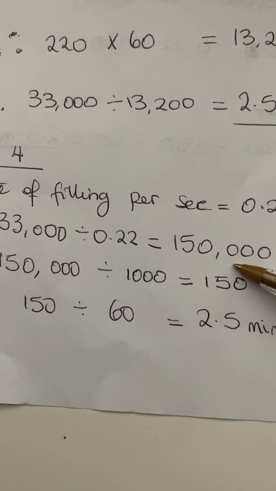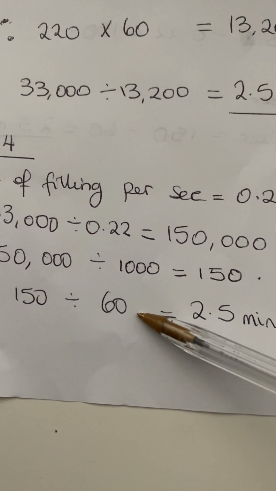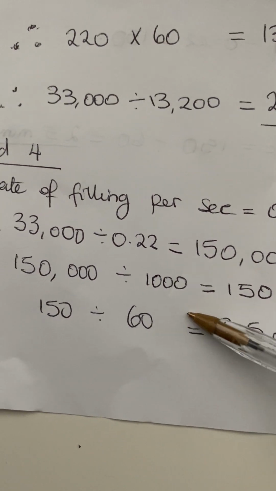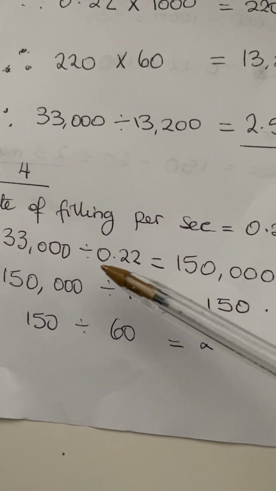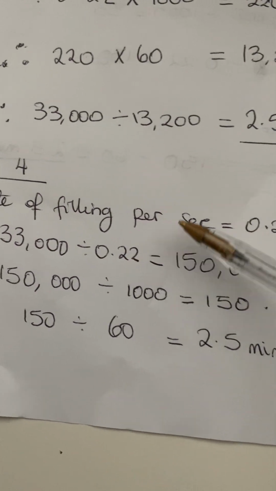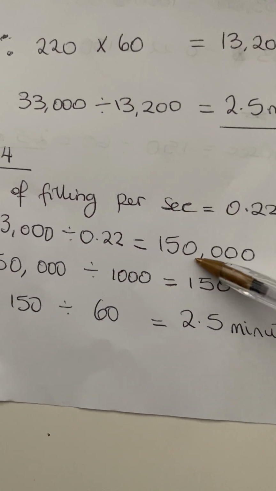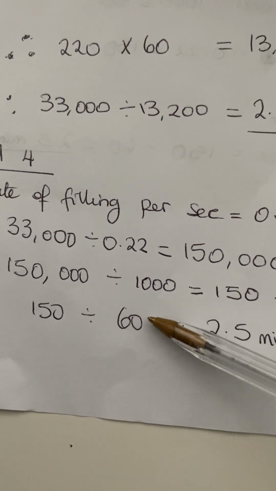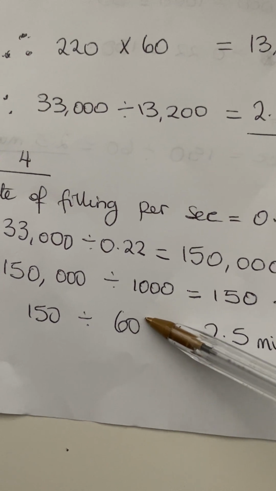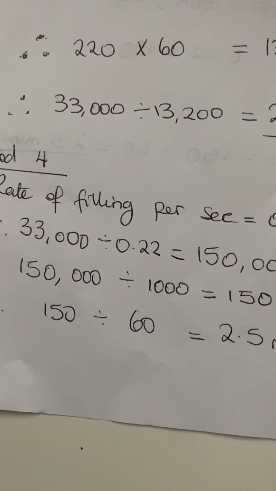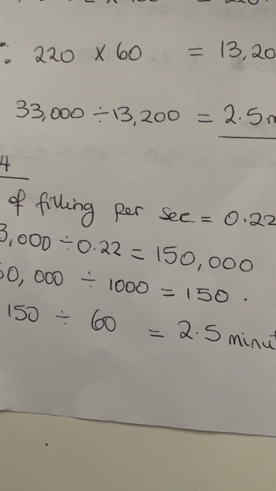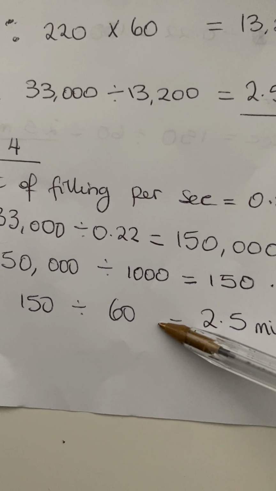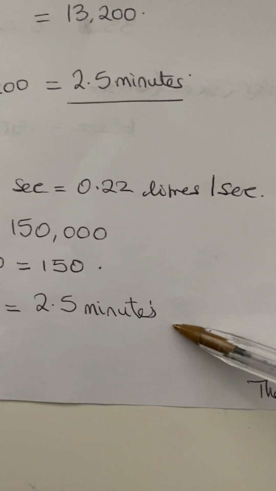This 150 is in seconds, so you need to divide by 60 to convert the answer into minutes, because in a minute we have 60 seconds. So 150 divided by 60 is 2.5 minutes.